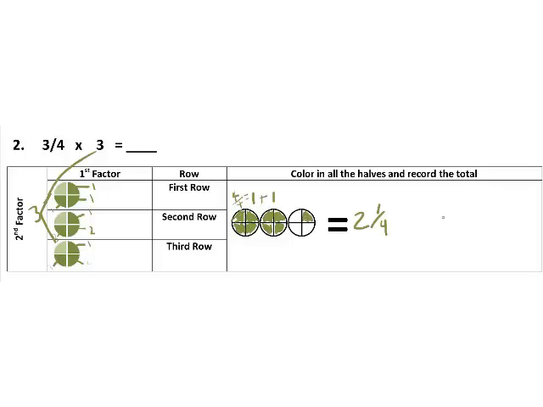So now I can prove this sequentially also. I could take my 3/4, let's draw a line right here, times 3. And 3 over 1 we know is still 3. 3 times 3 is 9. 4 times 1 is 4.